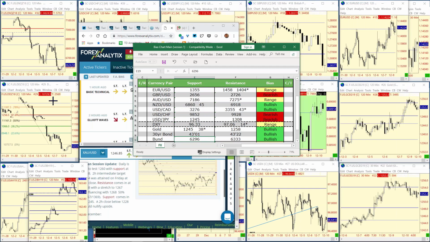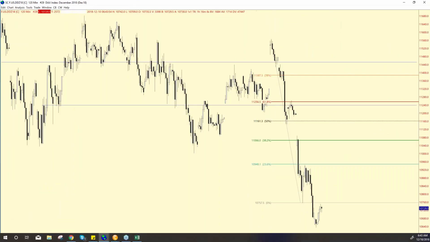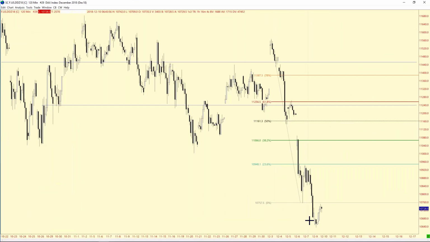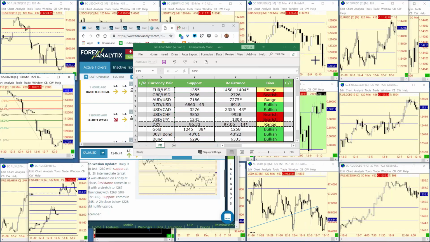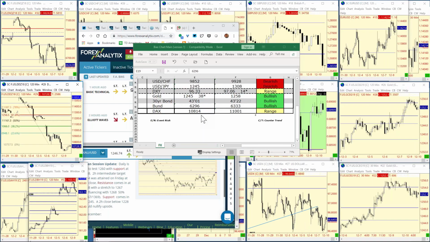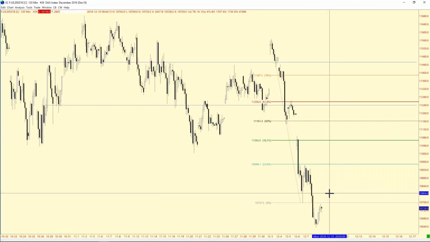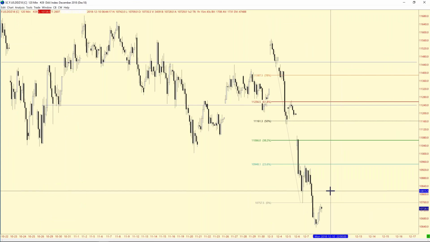Need to hurry up and jump out of here. Support is going to come in right there at 10,674. Resistance right there.